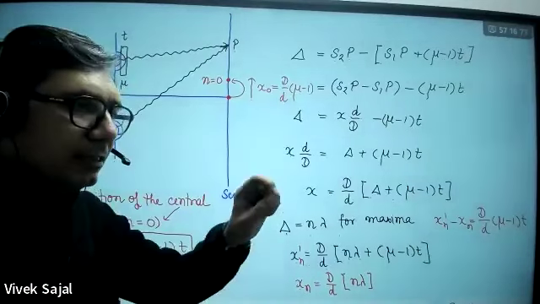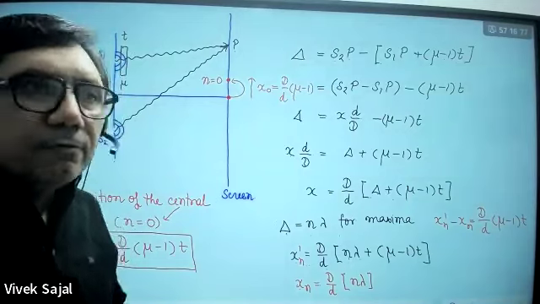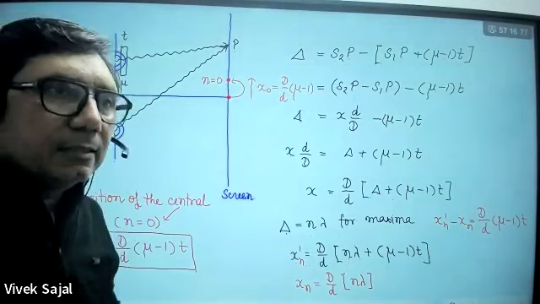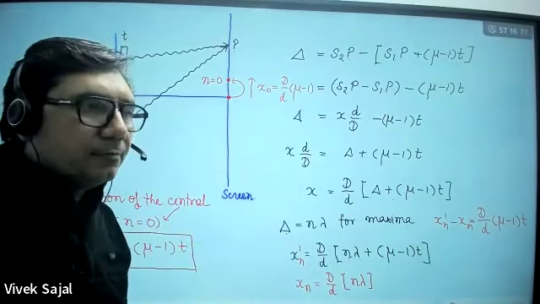So please write these points as 1 and 2. In the first point, all the fringes were shifted in the upward direction. In the second, all the fringes are shifted in the downward direction.